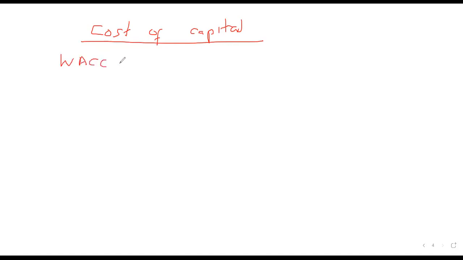Now we move to cost of capital. So cost of capital has an interesting part where we call it WACC. WACC is simply the weighted average cost of capital, given by the weight of equity times its cost, plus the weight of preferred stock times its cost.